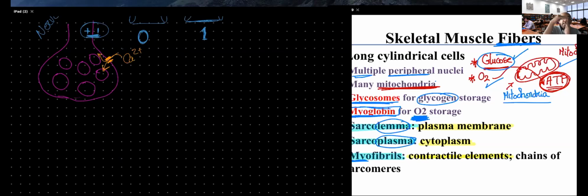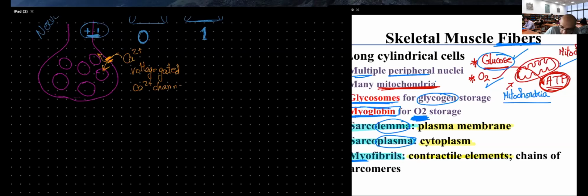Normally it's a channel which is gated, it's closed. Until when? Until you get an electrical signal. When you get an electrical signal, this calcium channel opens. So we call this channel a voltage-gated calcium channel.